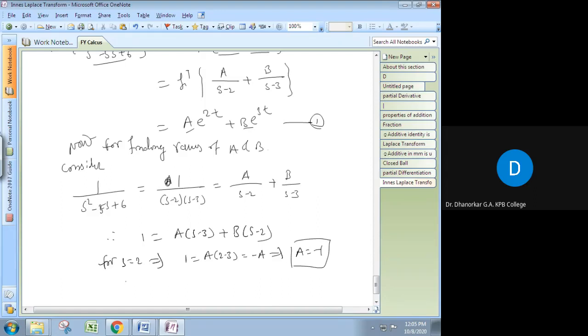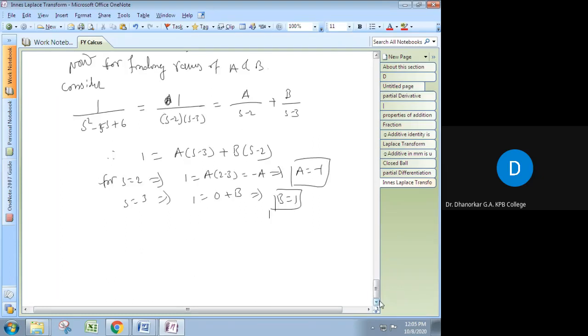And put s equal to 3. Then 1 is equal to, this term becomes 0 and this term becomes b only. Therefore, b is equal to 1.